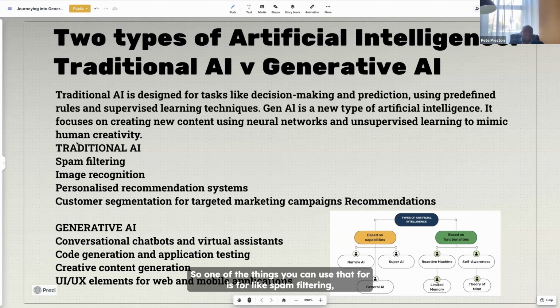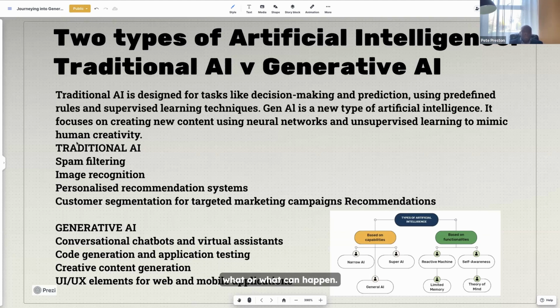So one of the things you can use that for is spam filtering and image recognition, probably one of the biggest ones, where in 2012 they had AlexNet. AlexNet was one of the catalyst or serendipity moments where the ecosystem started to take note of the possibilities of what can happen.